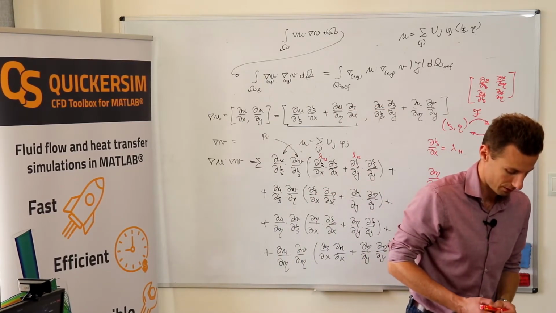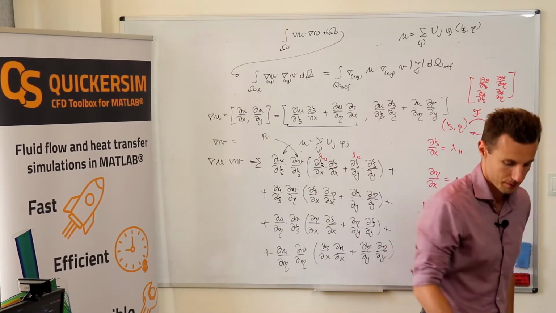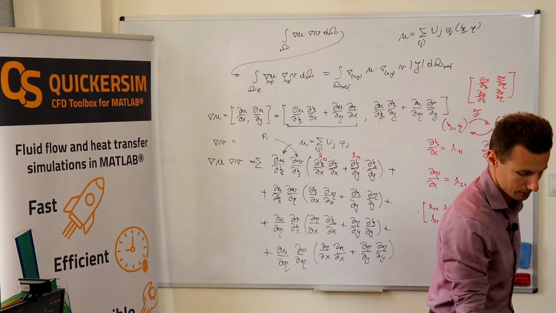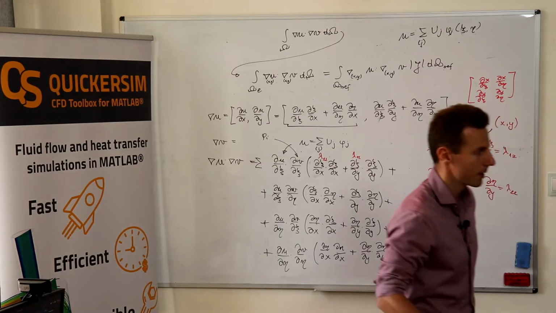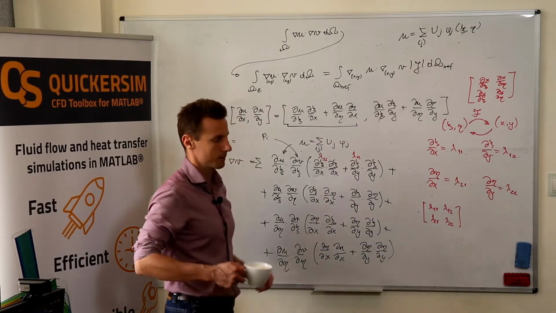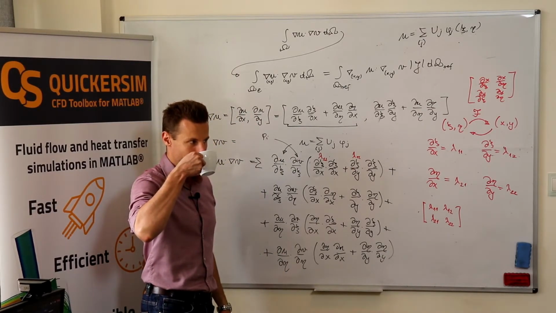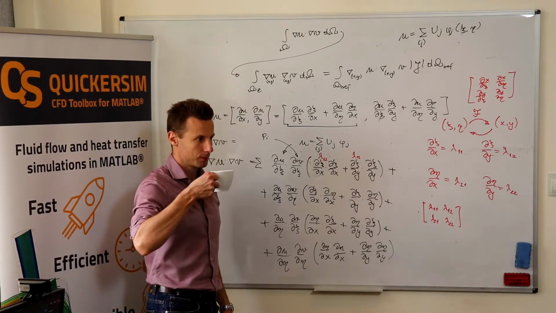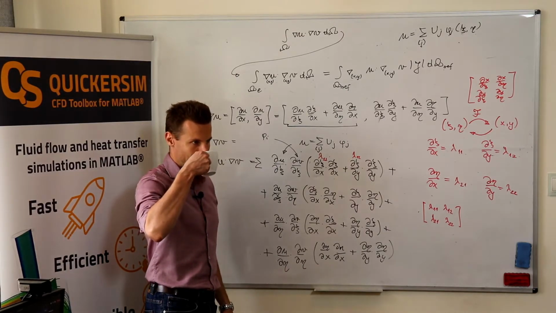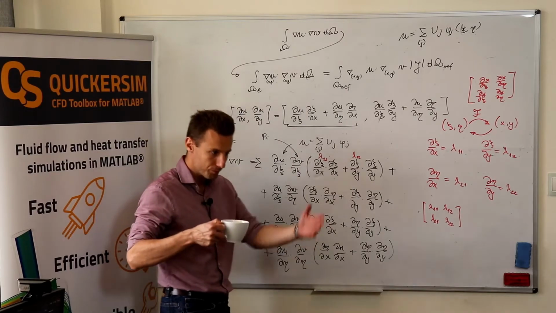Where do you need to calculate these elements? How will you integrate that? In the quadrature points. Exactly.